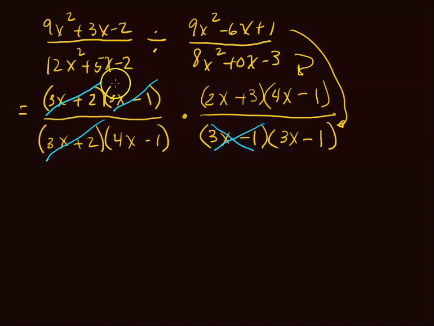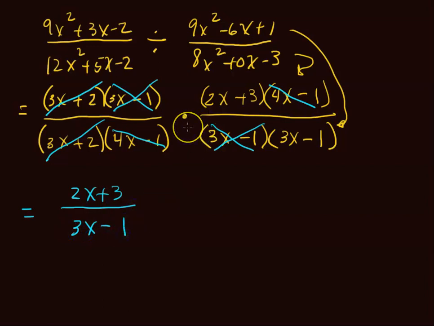Let me show that as something a little different here. Let's see, 4x plus 1 and a 4x plus 1. And all we have left is the 2x plus 3 over the 3x minus 1. So we divided by not doing hardly any division or multiplication at all. We just canceled everything. Wow. Cool.